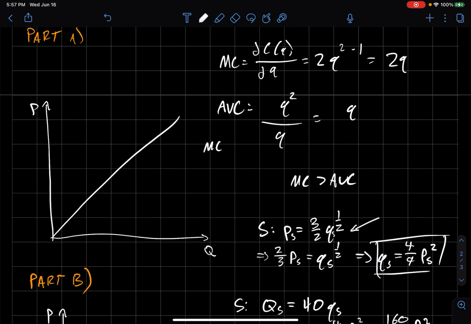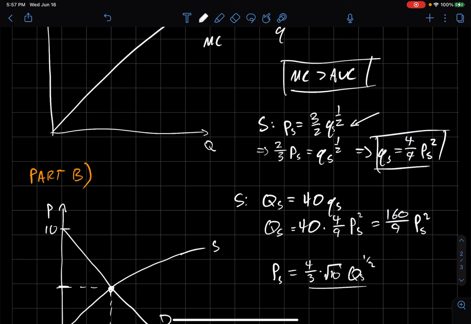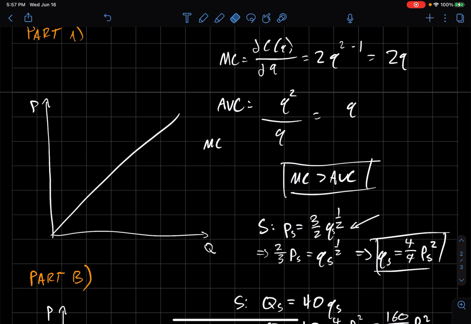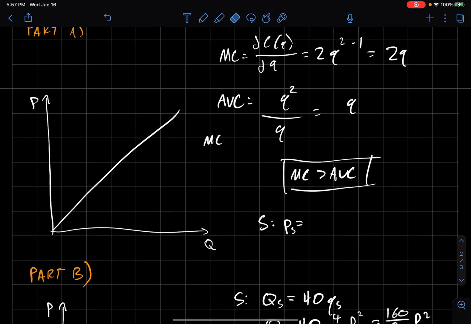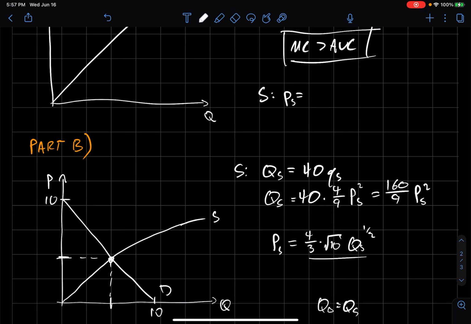And again, our condition here holds. Rearranging our supply curve, price is equal to 2Q.